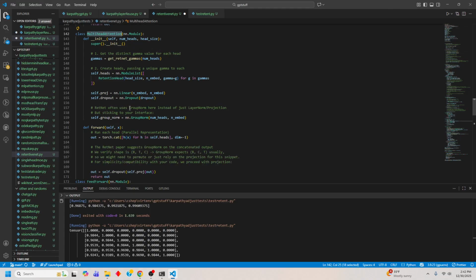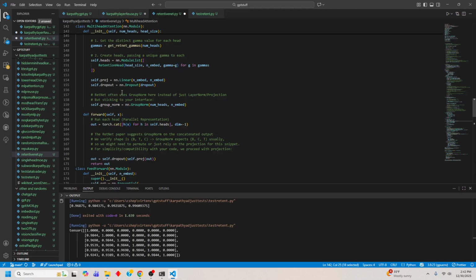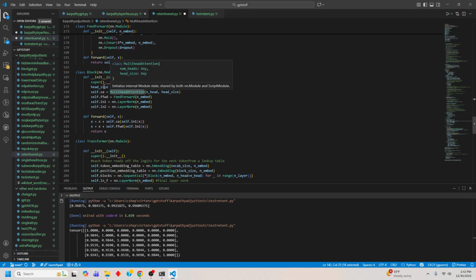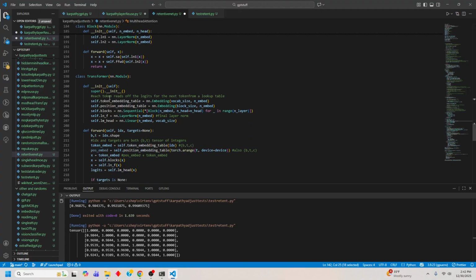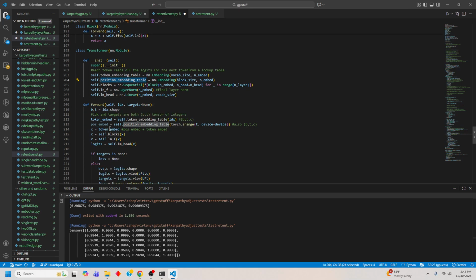Multi-head attention. Oh, there is one other thing that this does allow you to do. You can actually get rid of the position embedding. Here it would typically be the token embedding plus position embedding, but since the position embedding is actually baked into this, you can get rid of it.